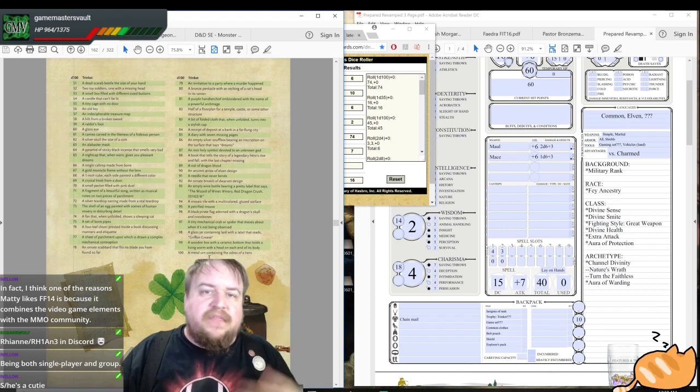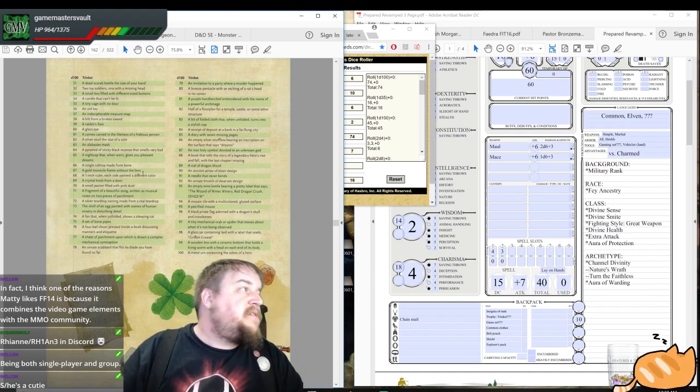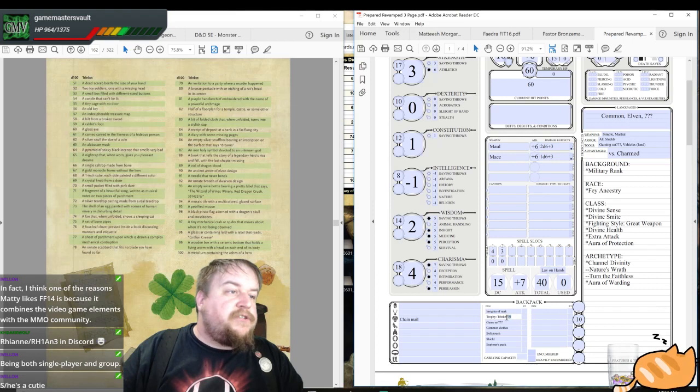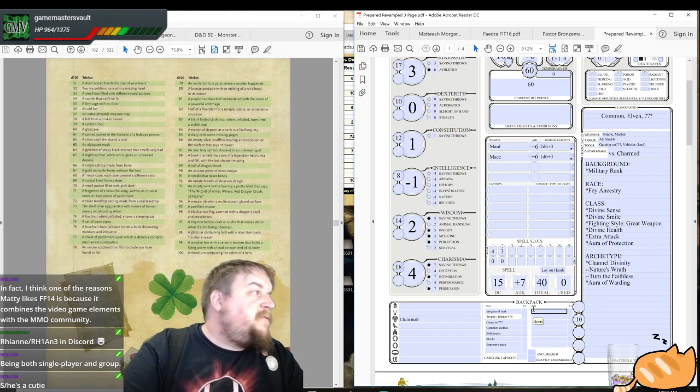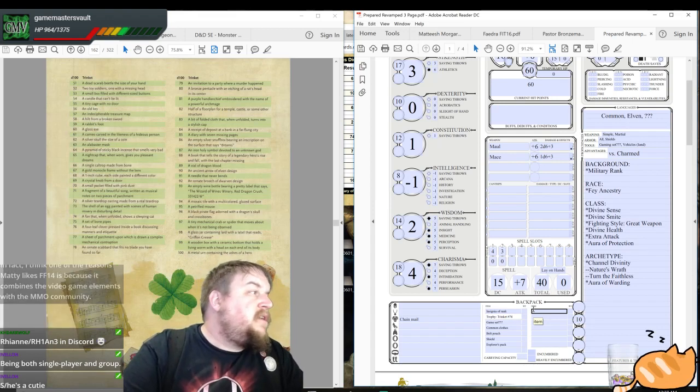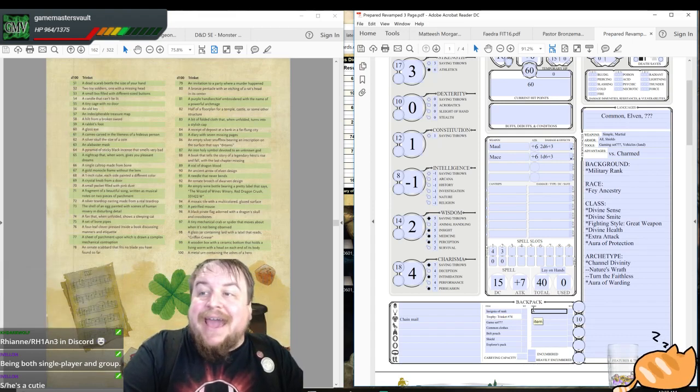Roleplay it. Think about it. What would be best? All right, 74 here. A fan. So here, our trinket is number 74. A fan that, when unfolded, shows a sleeping cat.